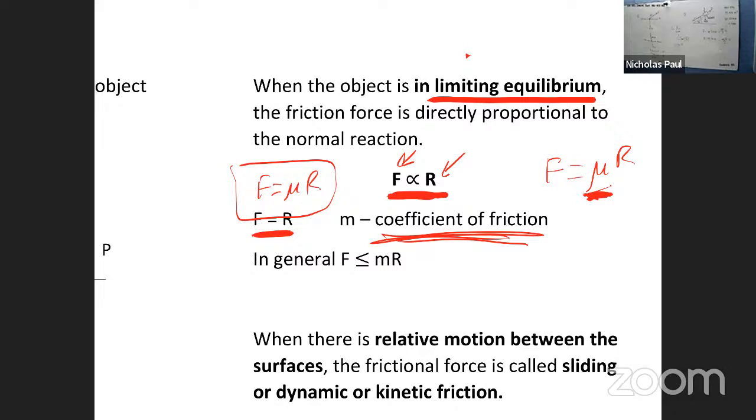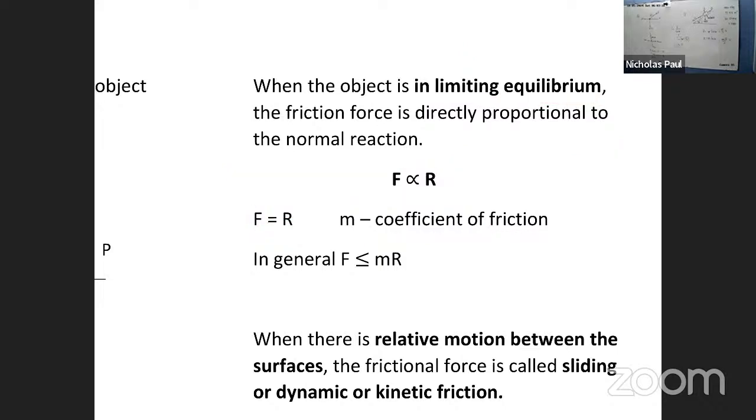Are you okay with that? So let's just do one small question on limiting equilibrium. This never really came before, but it's on the syllabus and it could come, right?